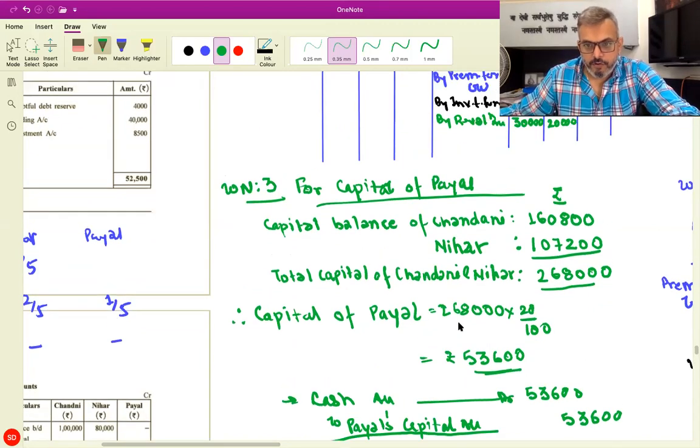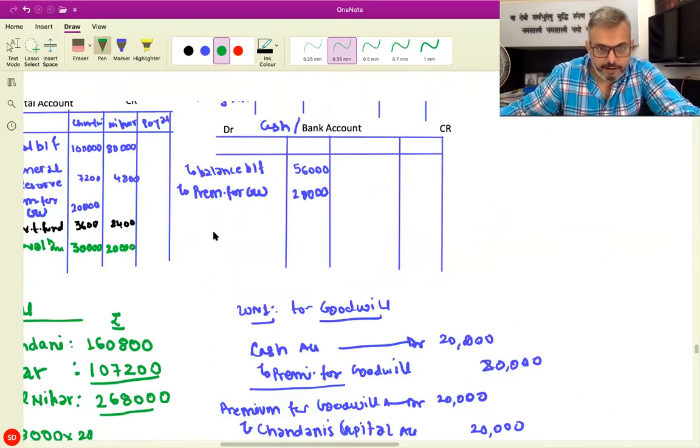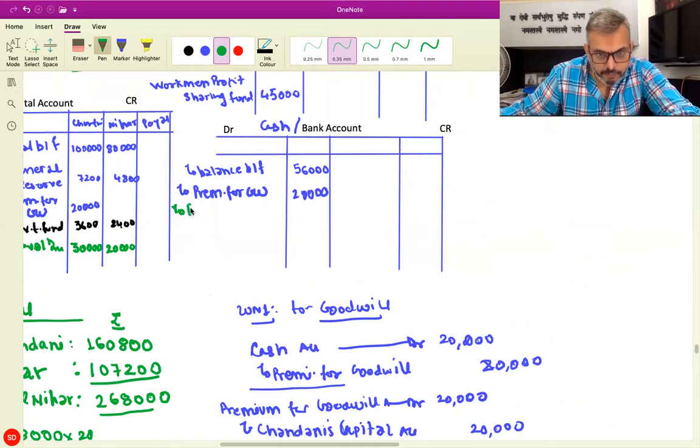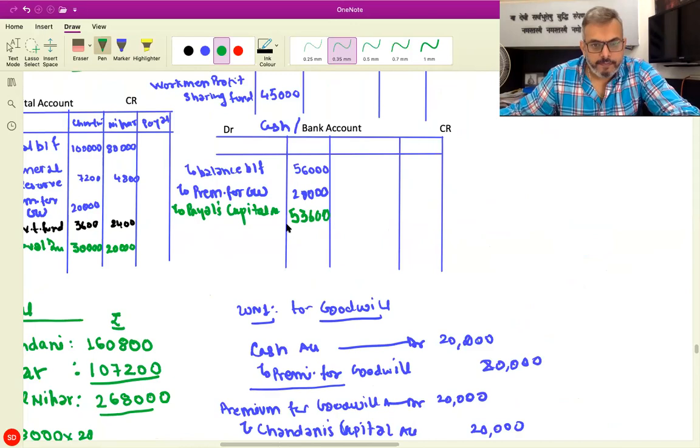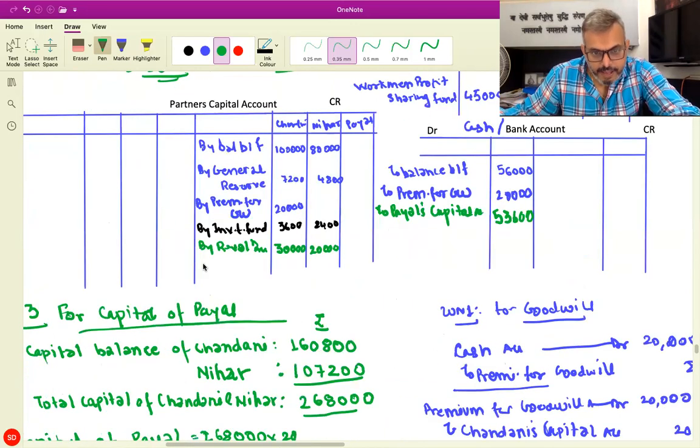So let's go to cash account or cash and bank account. To Payal's capital account 53,600 and by cash 53,600.